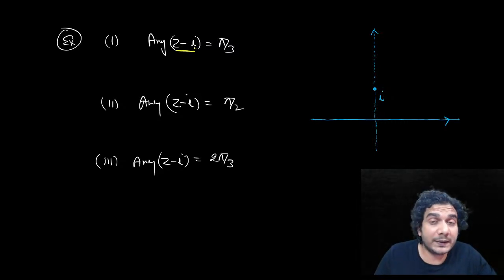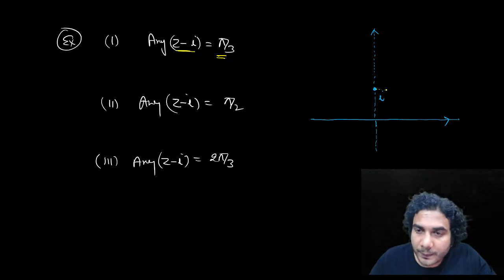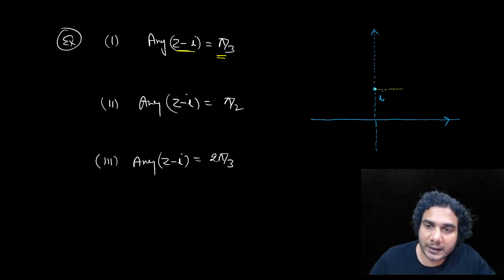The vector joining z minus i, the direction will be from i to z, and it should be inclined at an angle of pi by 3. I am drawing this line horizontal, parallel to the real axis, so that I can easily measure my angle with this line. So this angle is pi by 3, 60 degrees.